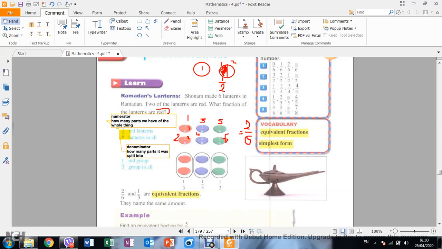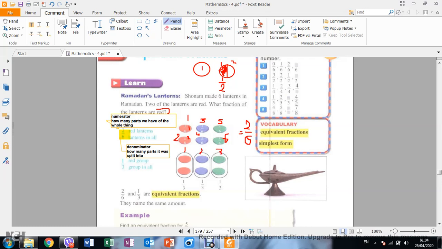Okay, so 2 sixths. Now I need to write an equivalent fraction for this one. Because I have 6 lanterns, I can divide them into 3 groups. This is the first group, the second group, and the third group, equally.